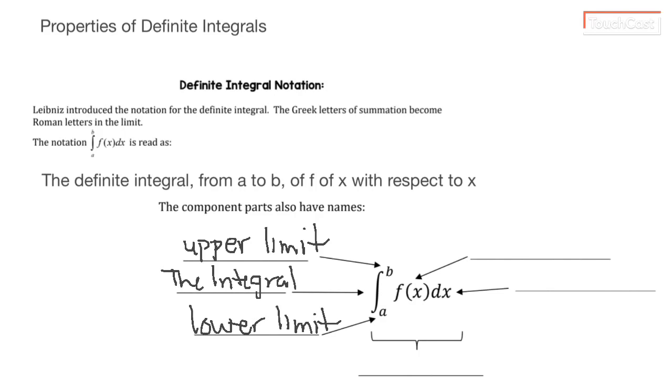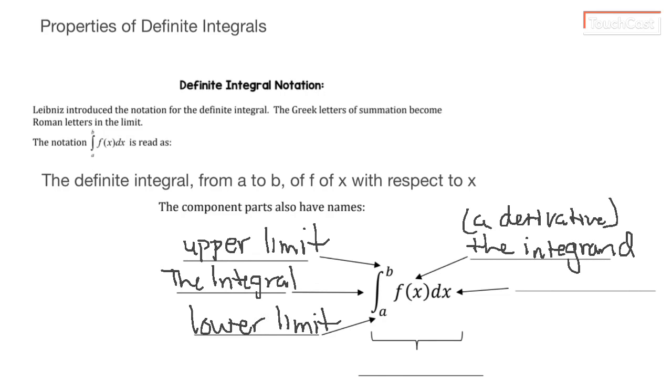F of x here is the function, and we also call that the integrand. And then dx is the variable of integration. We'll just call it x.